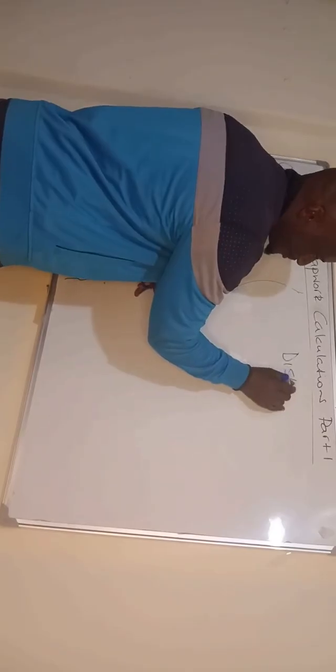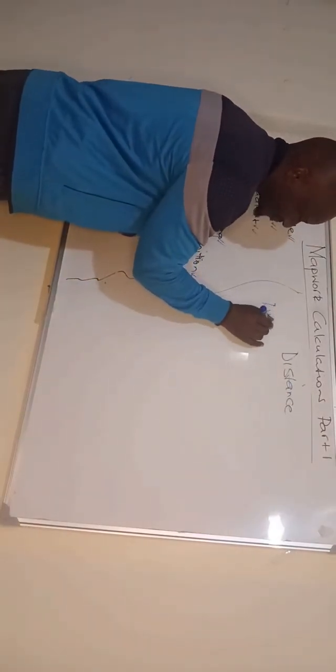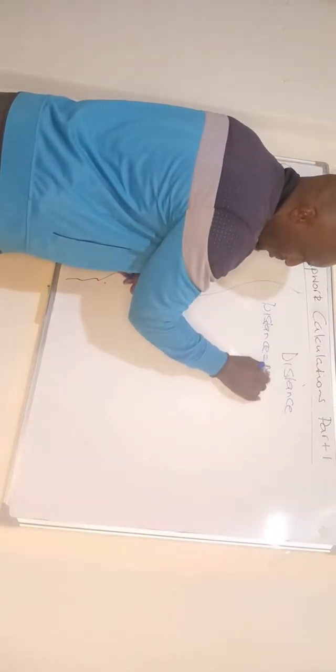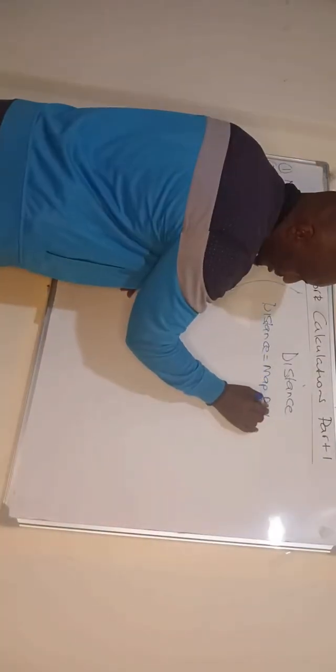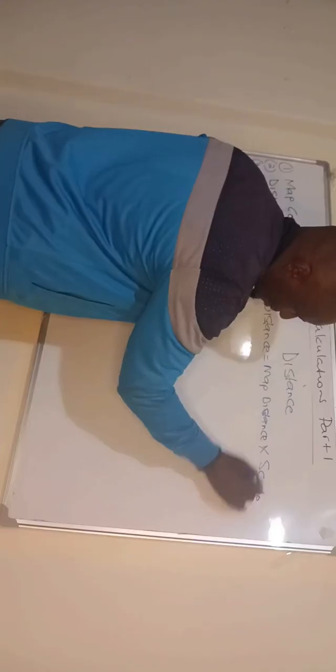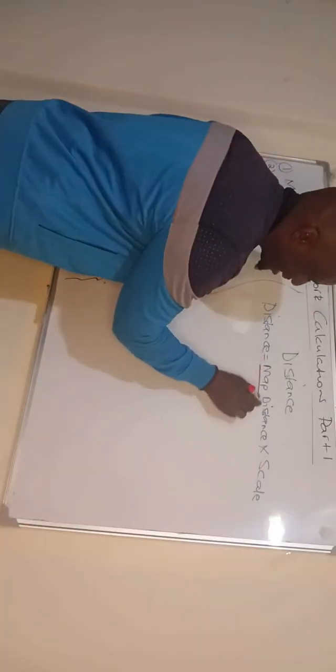Distance is equal to map distance multiplied by scale. So this is the formula. Map distance multiplied by the scale.